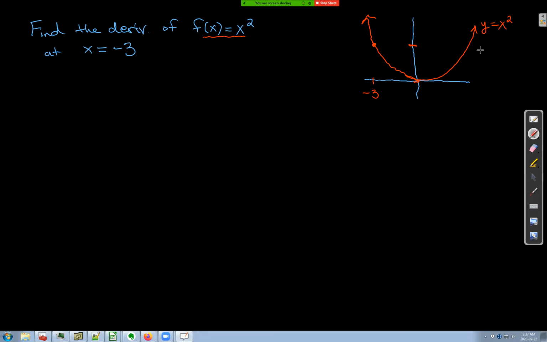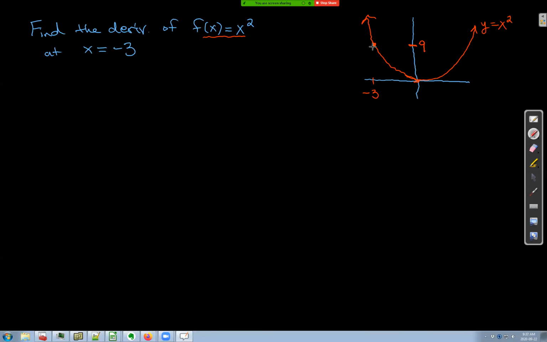In the chat or on the microphone, can someone tell me, if this is the graph of y is equal to x squared, and x is equal to -3, what's the y coordinate going to be? All right, good. Someone in the chat told me correctly that it's going to be 9, because you just put -3 into the function and you get 9.